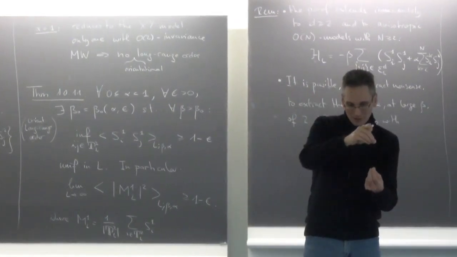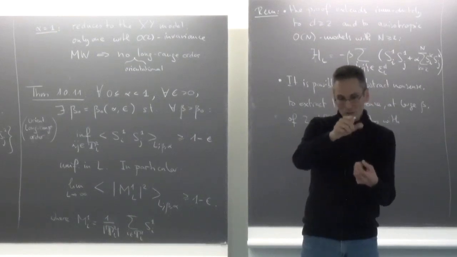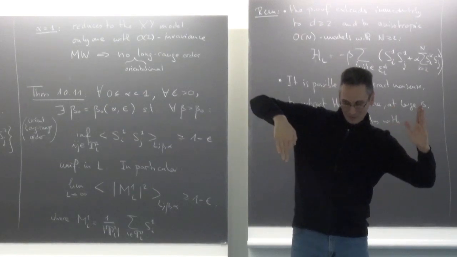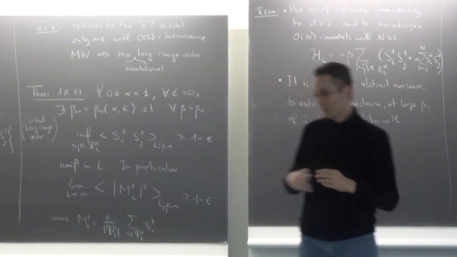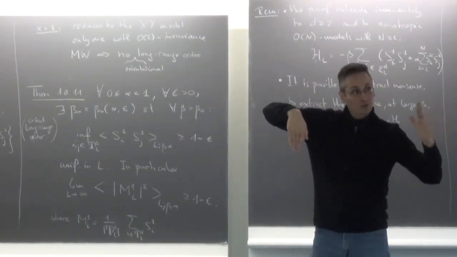So we were really using the fact that the spins could deform very slowly. So I can flip two distant spins slowly by rotating continuously my spins. And this does not require a priori a continuous symmetry, it just requires continuous spins.